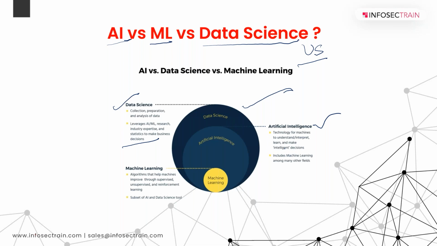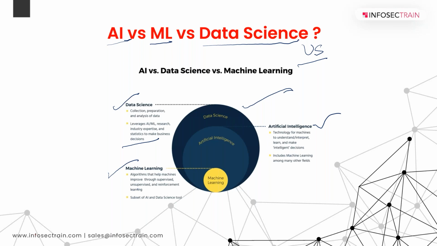So we are making our machines intelligent, right? Now it includes machine learning. Now what is machine learning then? Machine learning is the algorithms that help the machine through supervised, unsupervised, and reinforcement learning. It is the subset of AI and data science. So we use machine learning in that.